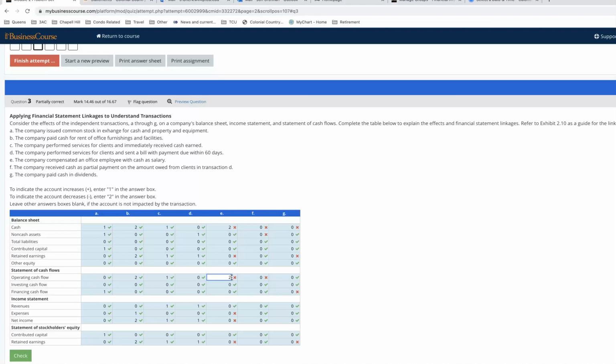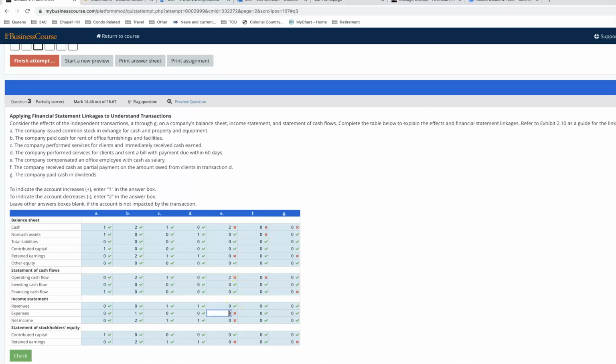However, the other part of this transaction tells us that we compensated an office employee with cash for their salary, so I'm going to record an expense. I would record the expense even if I hadn't paid them, if that employee had worked. Okay, when we record expense, let's start on the income statement.